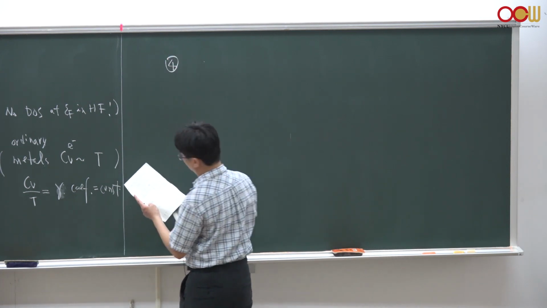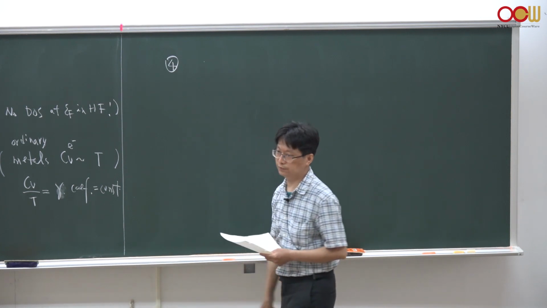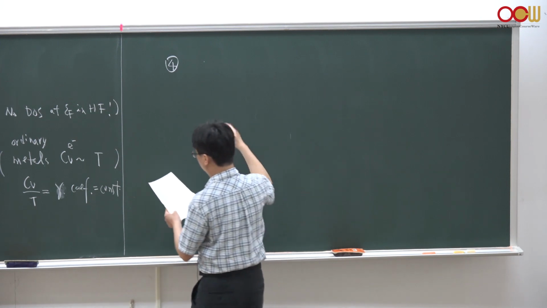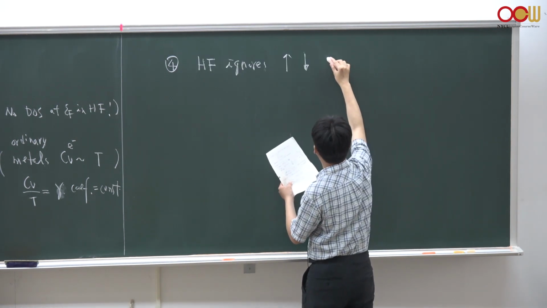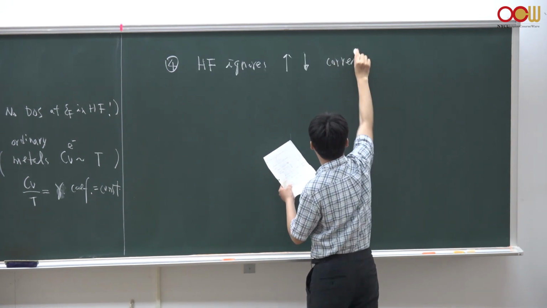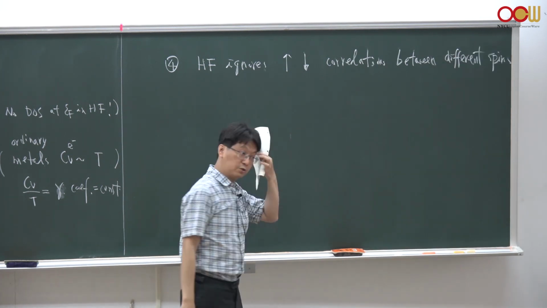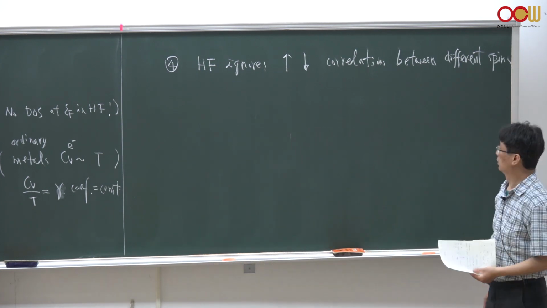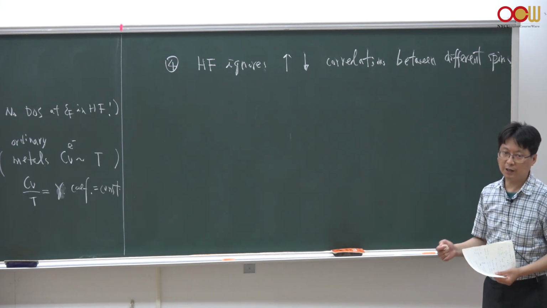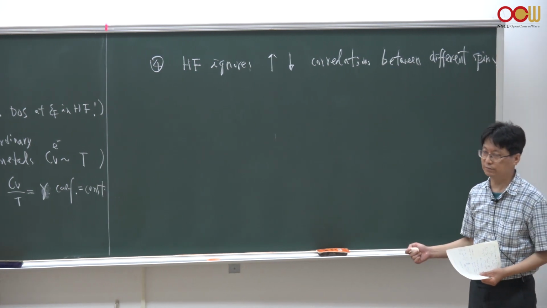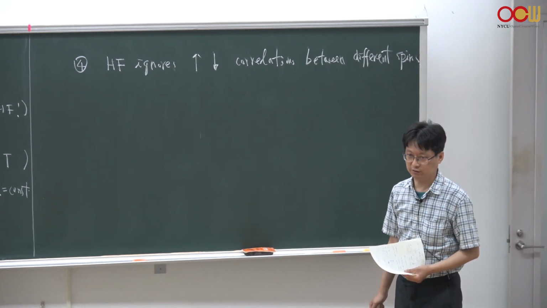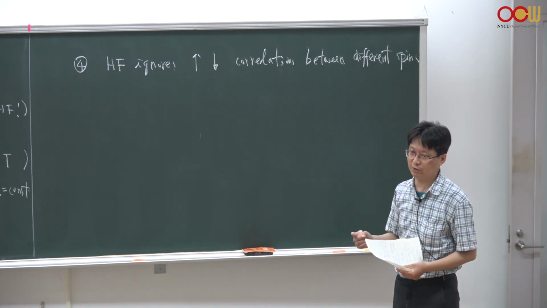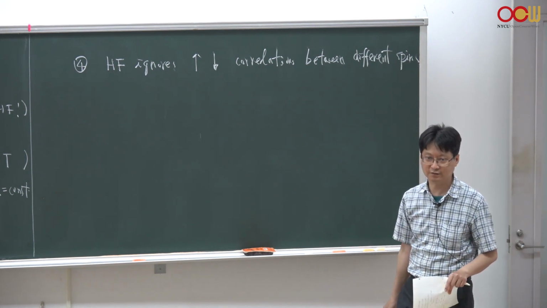So the final example to show this failure of the Hartree-Fock theory is to show that this theory ignores the opposite spin correlations, the correlation between spin up and spin down electrons, different spins. As was discussed earlier, some of you asked this question in class, right? So in the Hartree-Fock theory, spin up electrons always interact by Coulomb with other spin up electrons, because there is no way in the Hartree-Fock theory that the spin up electrons will interact with spin down electrons.